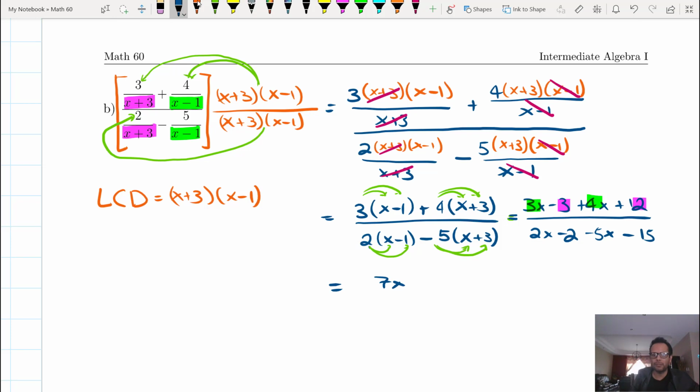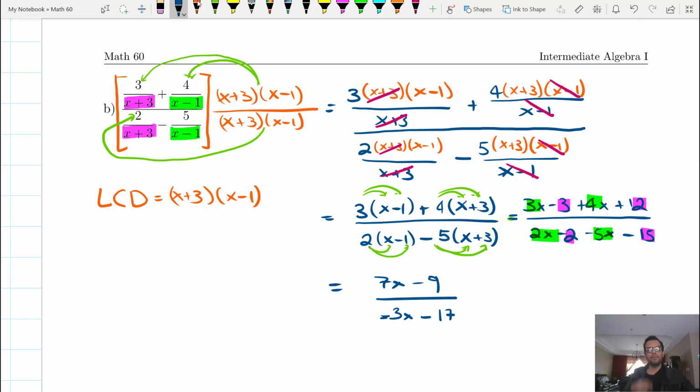So negative 3 plus 12, that's going to give us a negative 9, divided by, okay, let's again highlight x's with x's, which is going to give us 2x minus 5x, that's going to give us negative 3x, and finally negative 2 and negative 15, that will give us negative 17.